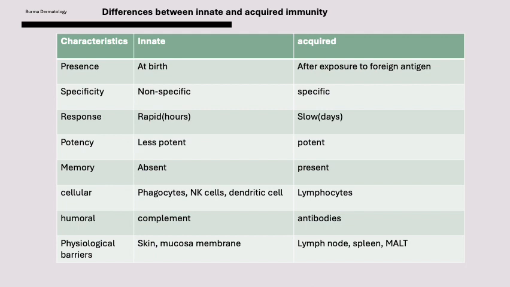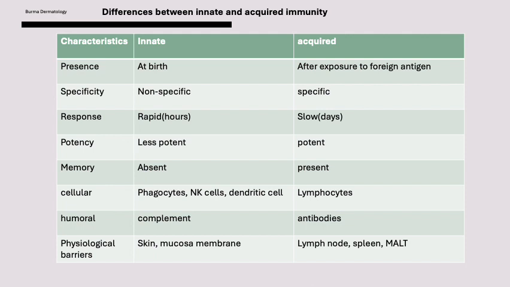This is a note about the difference in characteristics between innate and acquired immunity that can help you understand a little bit more easily. The innate immunity is present at birth, whereas the acquired immunity happens after exposure to foreign antigens. The antigen specificity is non-specific in the innate immunity, but for acquired immunity, it is specific to the antigen after exposure.